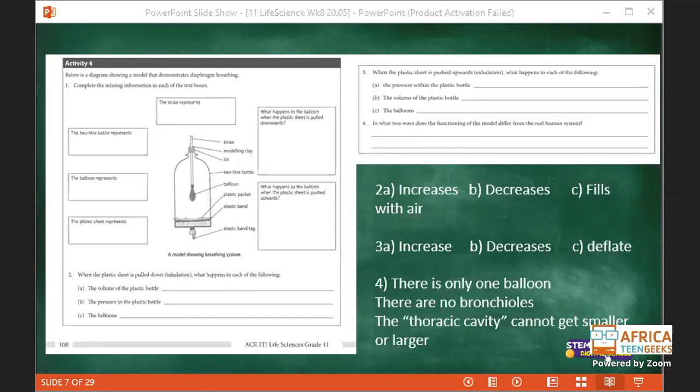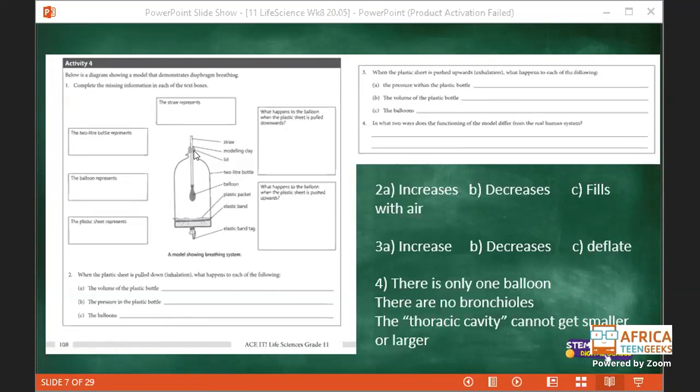Now we are asked how this model differs from the real human system. Firstly, in the real human system we have 2 lungs, and in our model we only have 1 lung, represented by the balloon. Remember yesterday we said that the balloon represents the lung, and the straw represents the trachea.